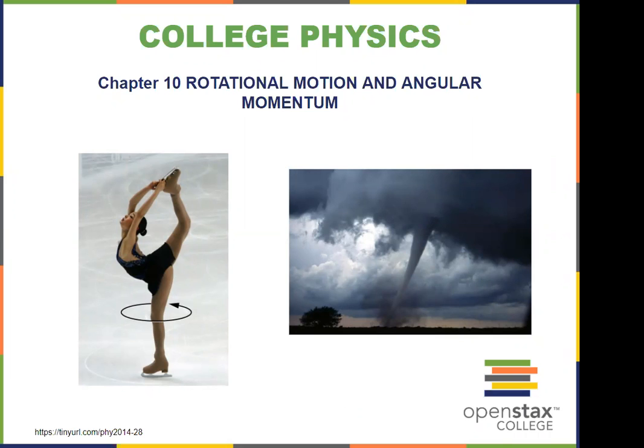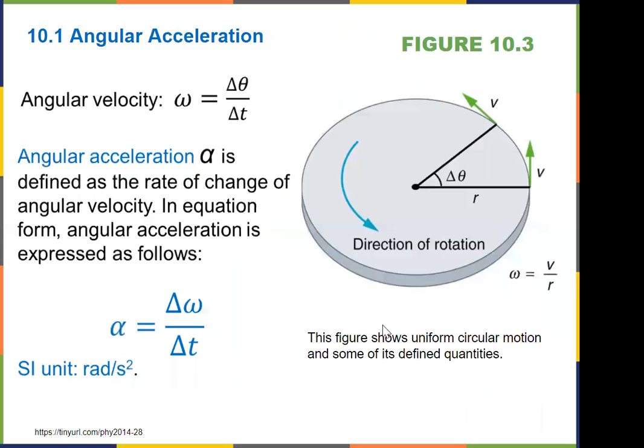Circular motion is just in the two-dimensional plane, but rotational motion is more like 3D rotation. If you watch figure skating, there's a lot of rotational motion involved, so there's a lot of knowledge you can explore on the motion of the skater. Also, a tornado is a rotational motion.